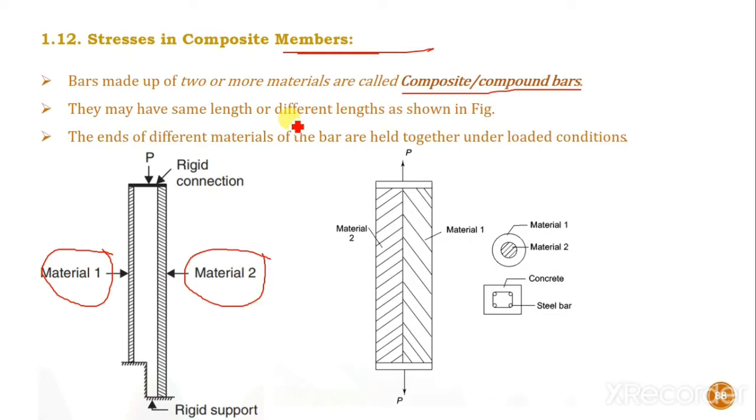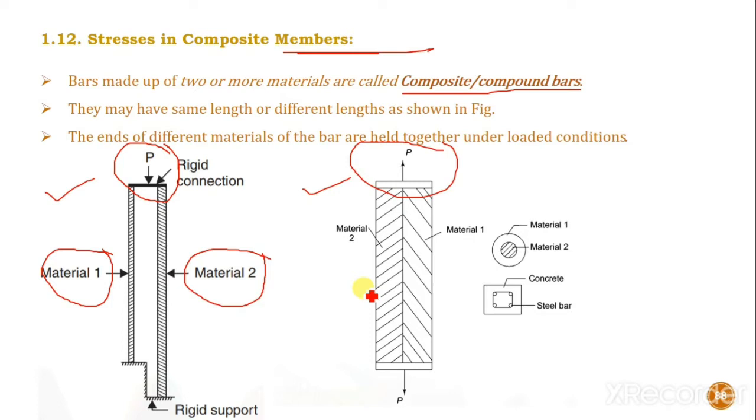There are two situations in which these members can exist. As you can see, this is case 1 and this is case 2. In case 1 a load is being applied, and in case 2 also. The difference between these two is the length of material 1 and material 2. Remember that the length and dimensions of these materials may not be the same.